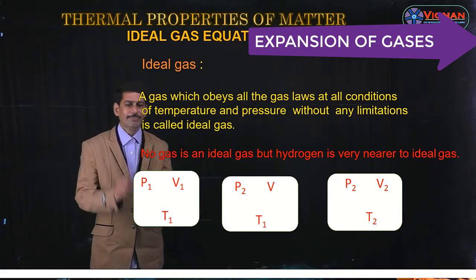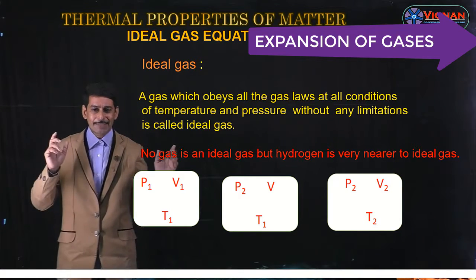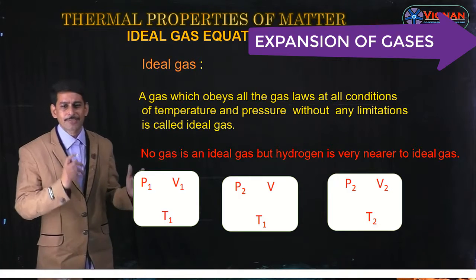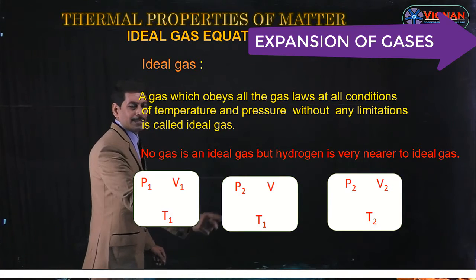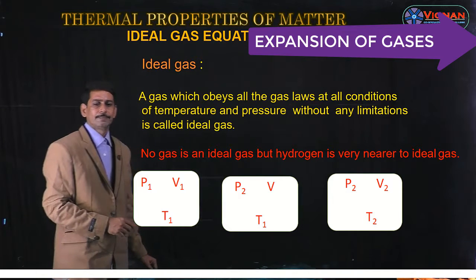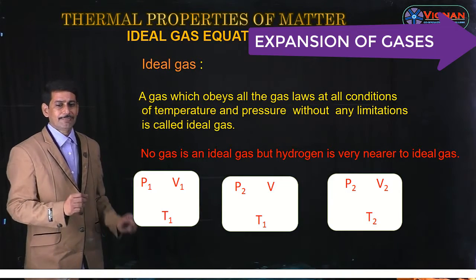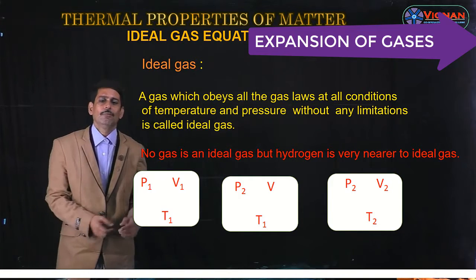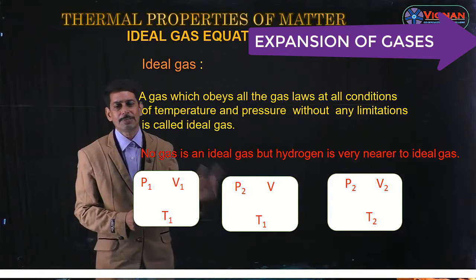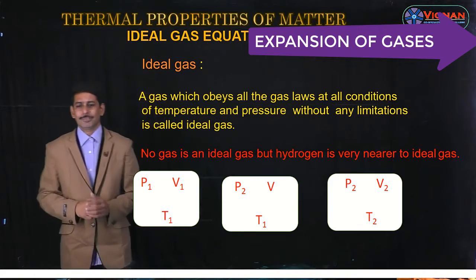For the sake of convenience, we are considering an intermediate state in between the two, where the pressure is P2, the volume is V and the absolute temperature is T1.